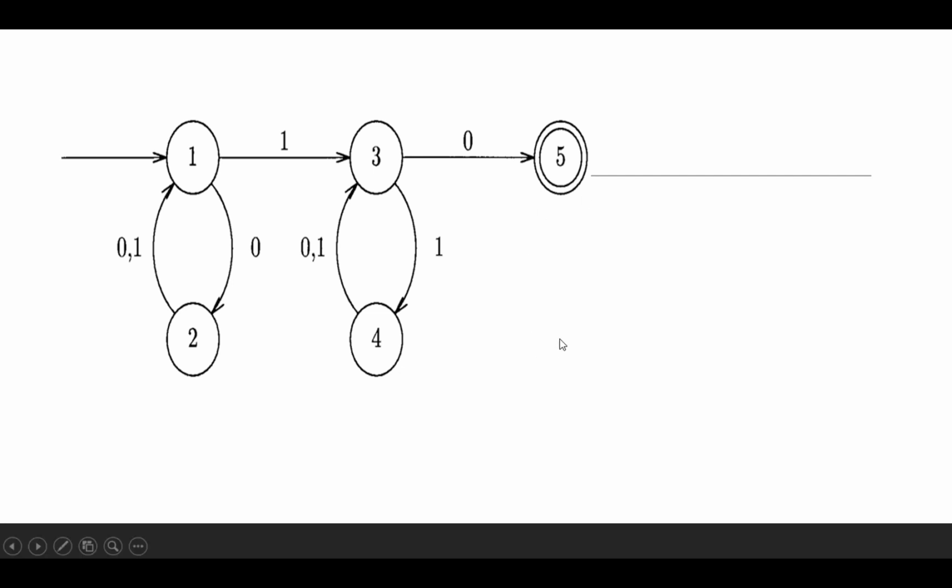Here is an example of a deterministic finite automaton diagram. In this diagram, we have 5 states represented by circles and their symbols. We have 1, 2, 3, 4, and 5. The alphabet, or all the possible inputs every state can have, is 0 and 1, which is represented by this tuple.